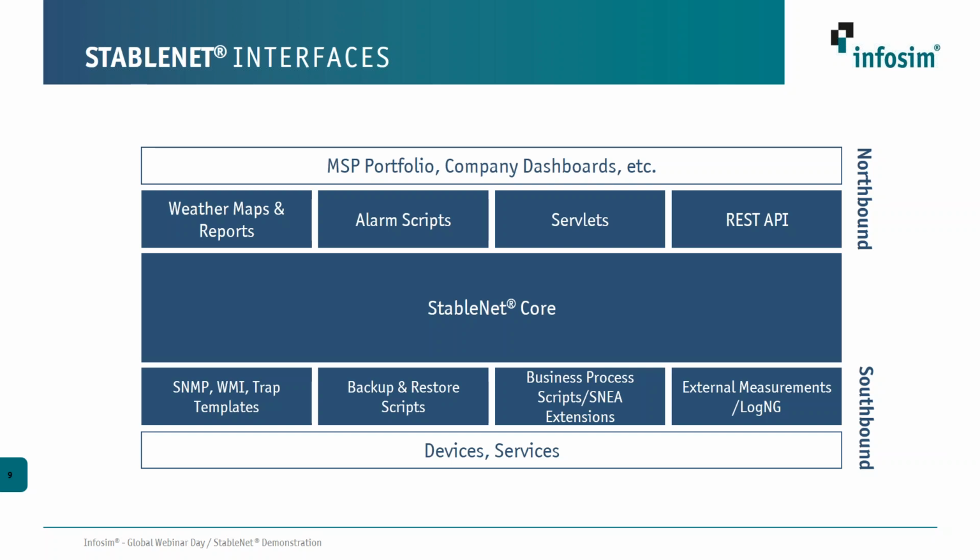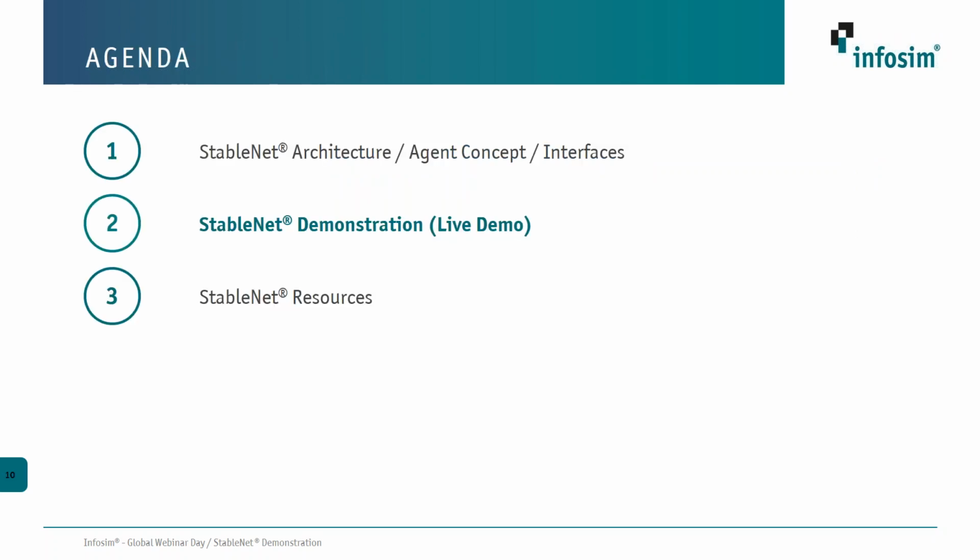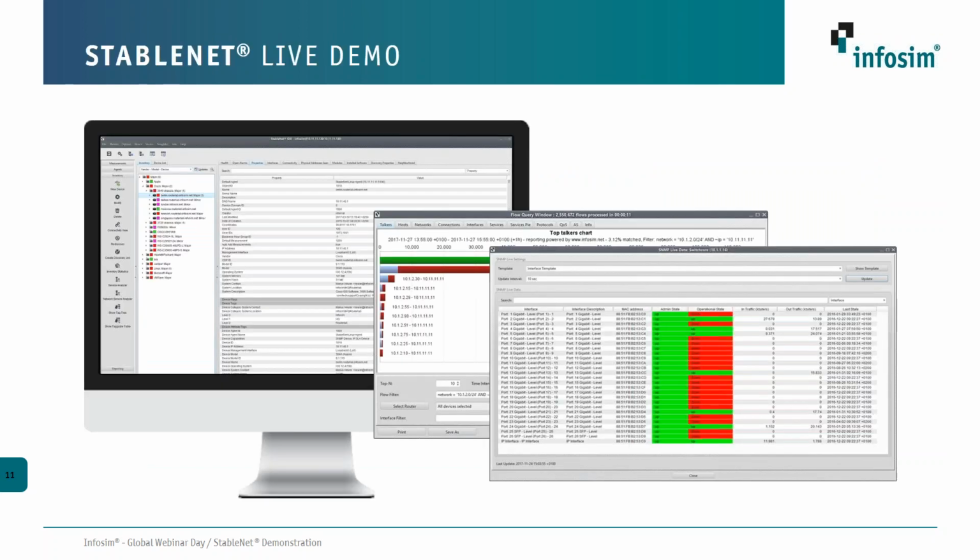It's probably not enough time in this demo to go into detail of all of those interfaces, but that actually leads us right into the live demo, as Bene will at least touch, among other things, of course, many of these interfaces as well. Well, so we've taken care of item number 1 on our agenda, which brings us to the StableNet demonstration, the live demo.